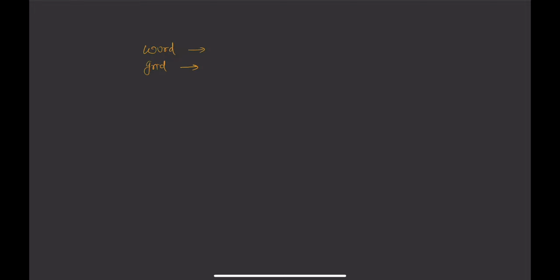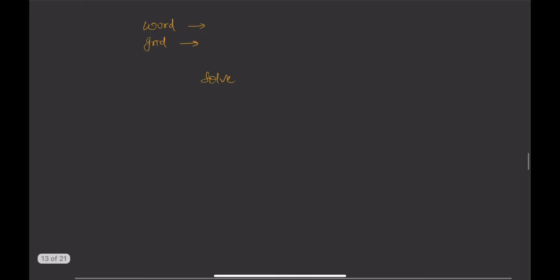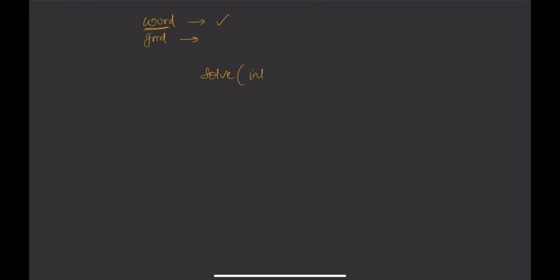So I can say how to find if this word exists inside this grid or not. What do I need? I need which character I'm processing. So I think that is the index of the word.